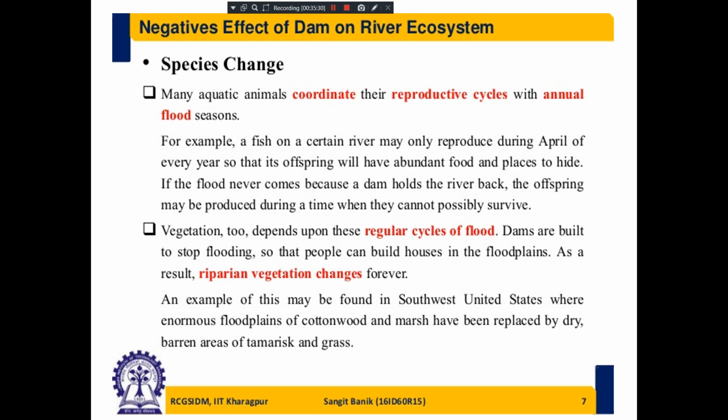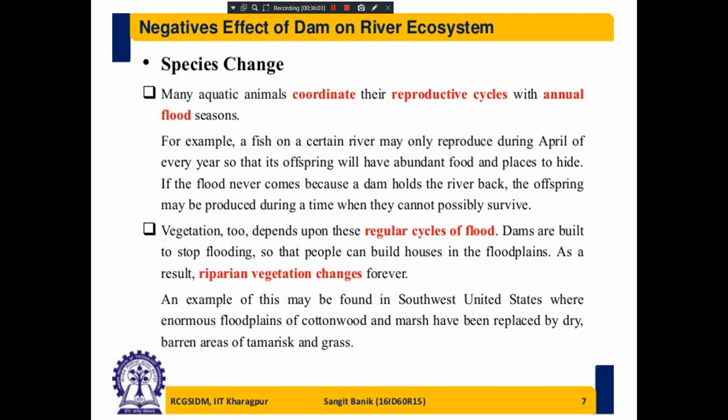As I have told you, many aquatic animals coordinate their reproductive cycle with the annual flood season. Usually during the flood season, as I have told you, the marine fishes migrate upstream for reproduction. They only reproduce during April every year. But if the flood never comes because the dam holds it, then either they cannot go, or even if they go, they cannot come back.